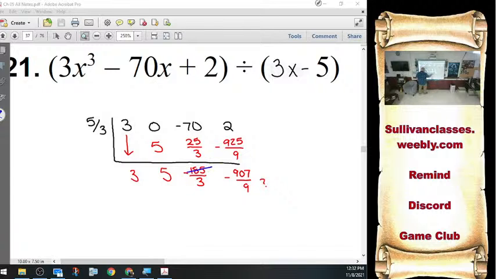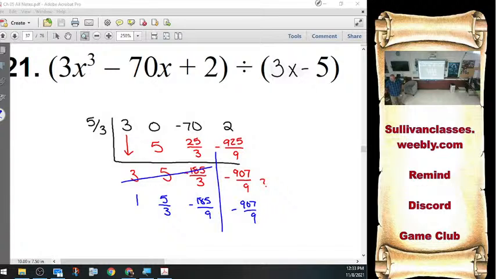Synthetic division. Since I divided by 3 to get my 0, I'm going to need to divide my quotient by 3 as well. Everyone cool so far?